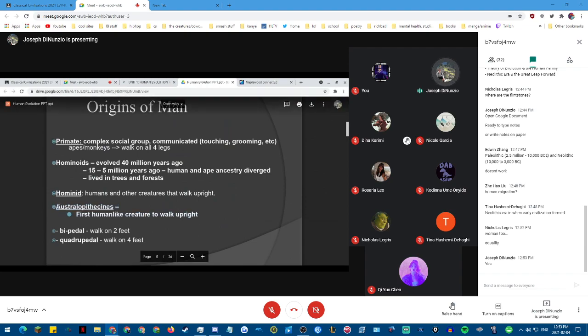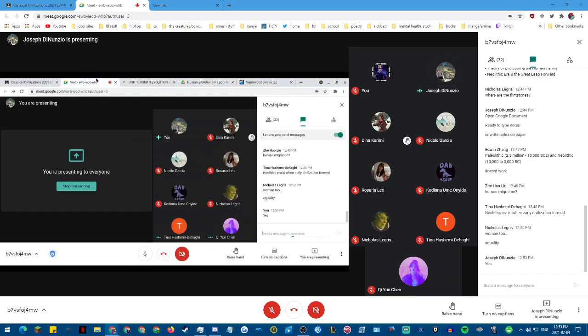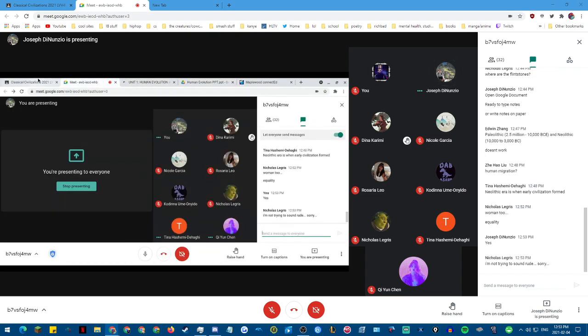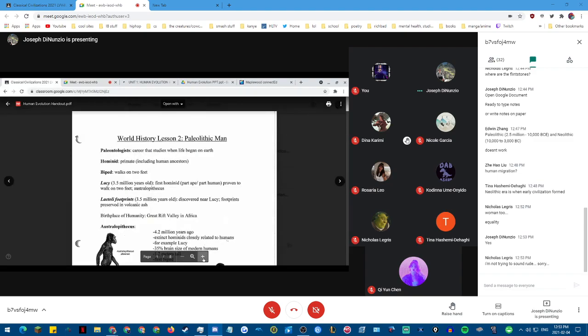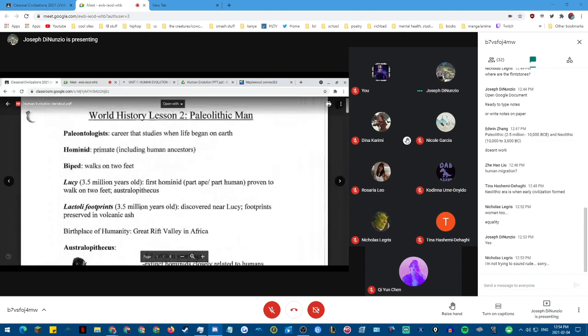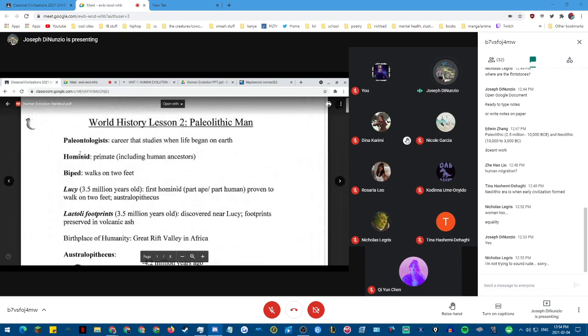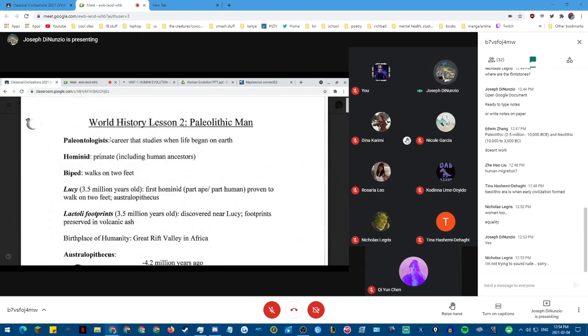Okay, so we're going to come back to Australopithecus shortly. Let's take a look at some more terms. Here's an interesting term, paleontologist, one that we learned yesterday.